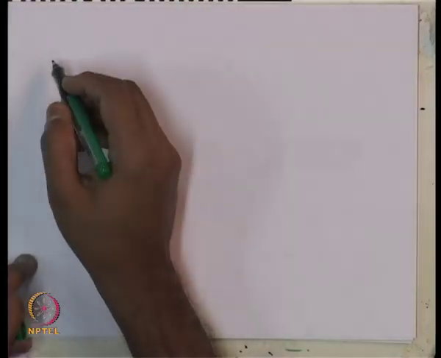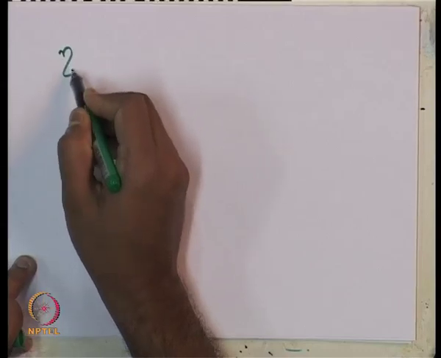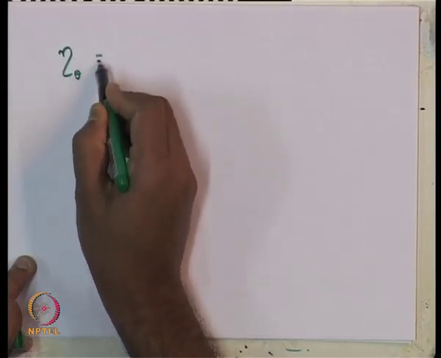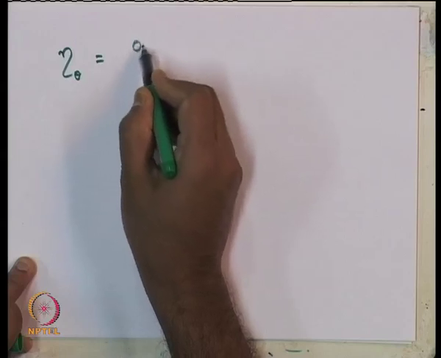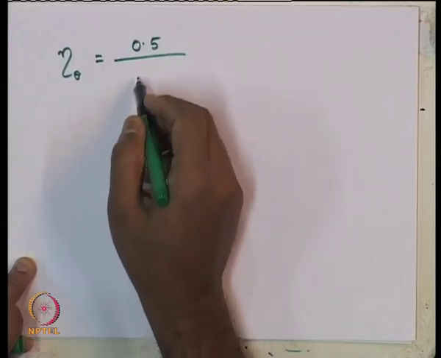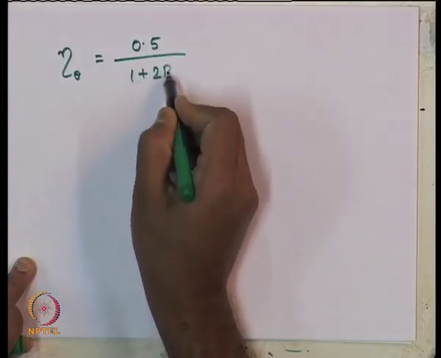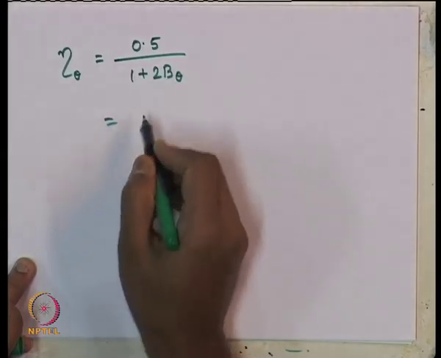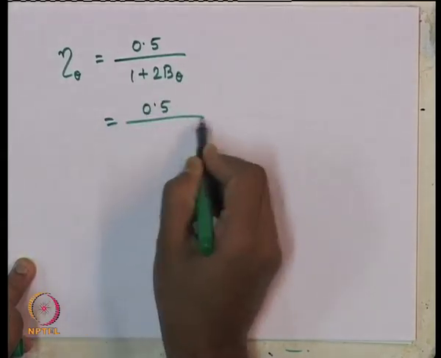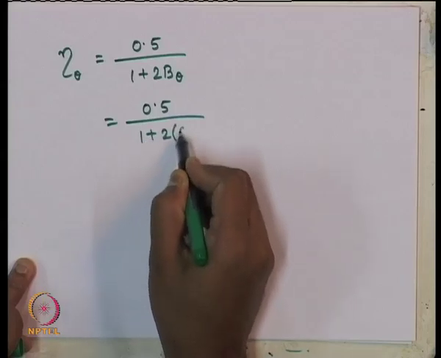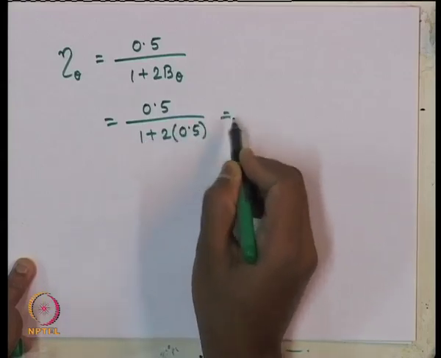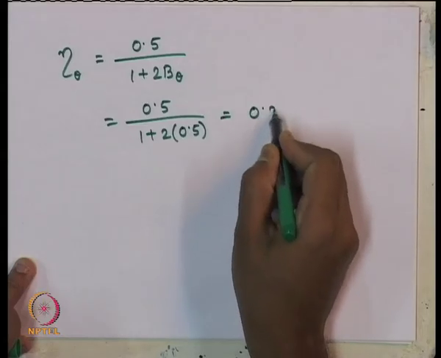And next is the value of damping ratio. Damping ratio eta theta is given by the expression 0.5 by 1 plus 2 b theta. So, 0.5 by 1 plus 2 into 0.5, where 0.5 is the value of b theta. So, 0.25.